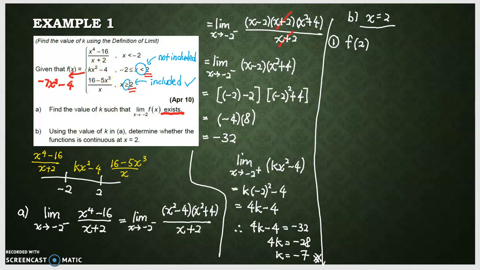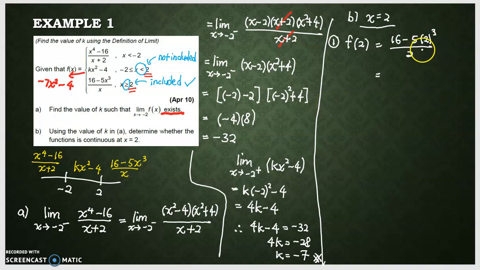Next, I substitute into the function, which is 16 minus 5 times 2 cubed, divided by 2. By using your calculator, 2 to the power of 3 is 8, and 8 times 5 is 40.